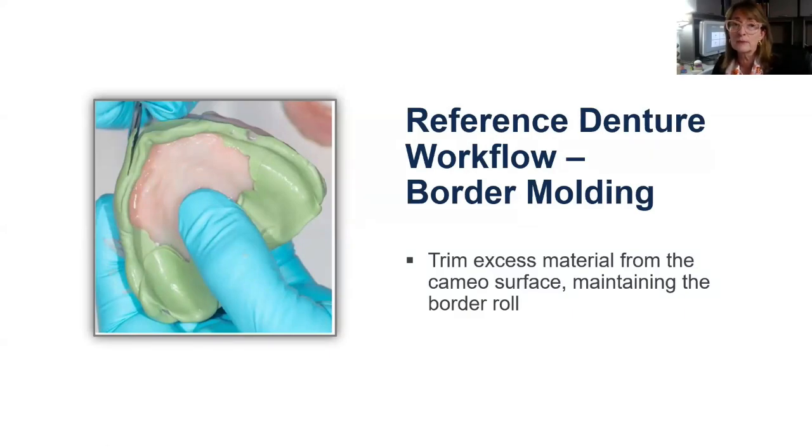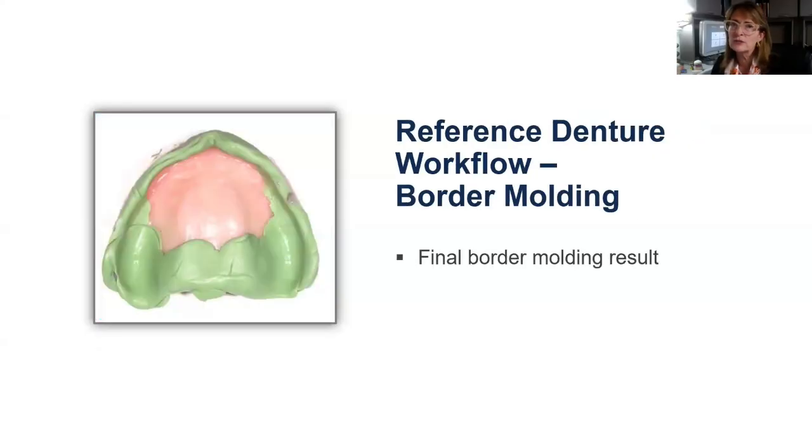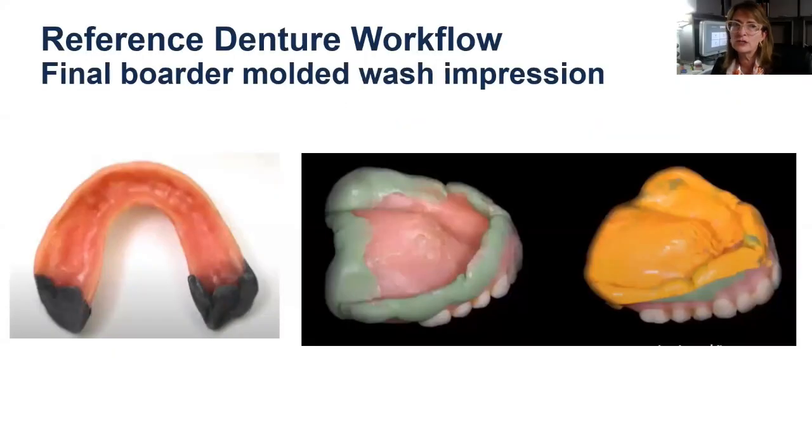I did not have a blade when I was doing the workshop, but it will make the scanning of this maxillary denture much easier for you, and a more accurate, I believe, bite registration as well. Final border molding result, and then the wash impression, right? So preparing the denture, doing the border mold, and then the wash impression.